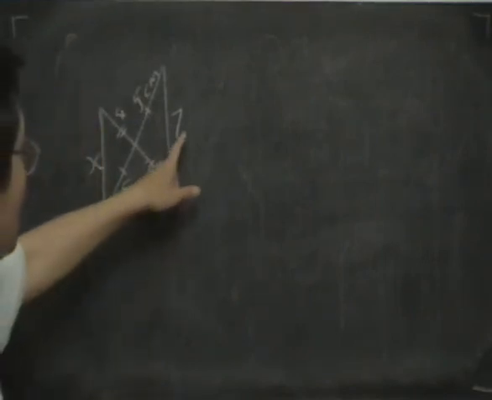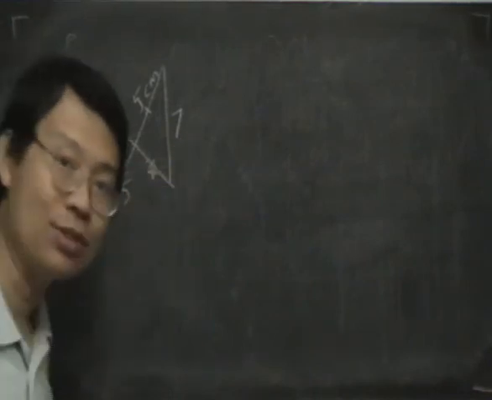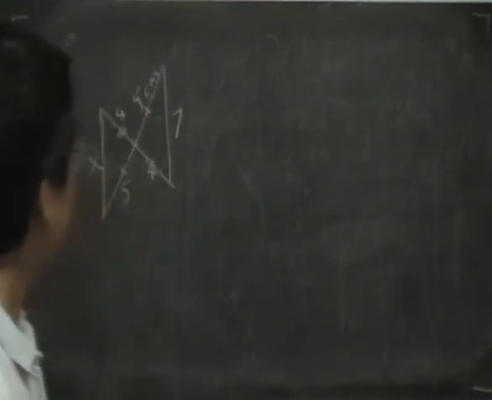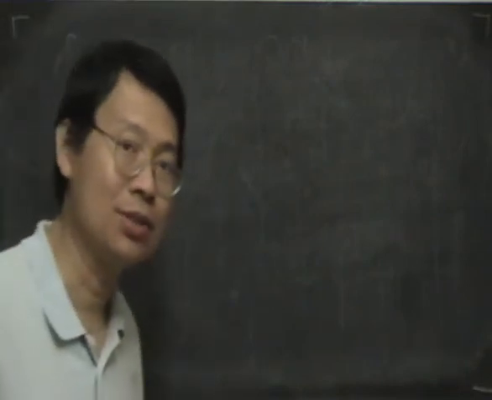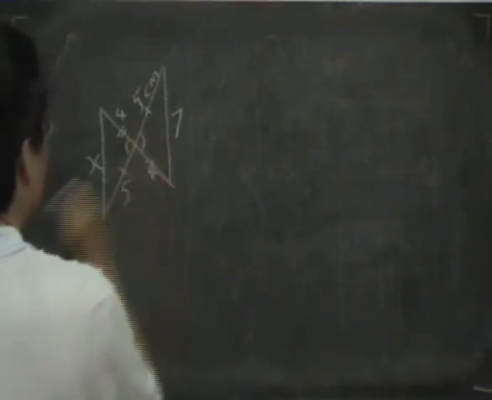The third side is unknown. We know that this is 7, but we don't know x, so we cannot say whether the two sides are equal. So, are any of the angles equal? Yes, those two angles are equal.